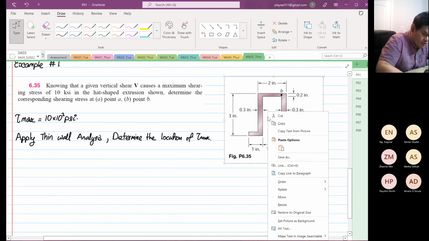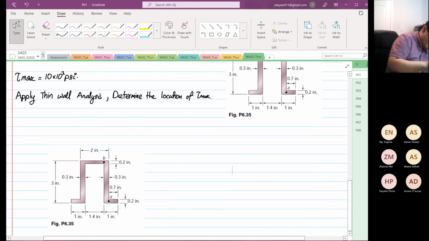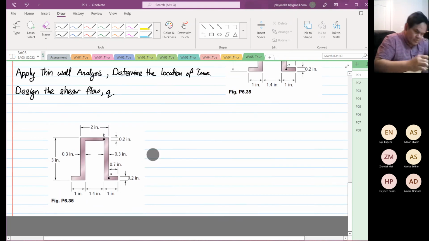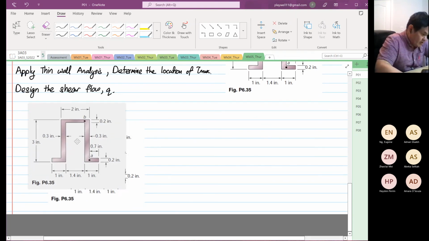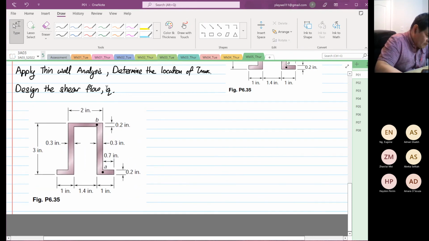If we were to load up this structure, we are going to design the shear flow first. Over here we're going to sketch our shear flow Q, but I'm going to sketch also the location of the centroid. So this is just a sketch.